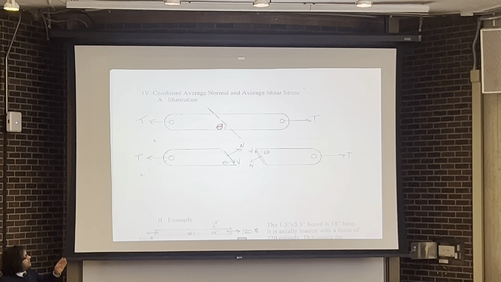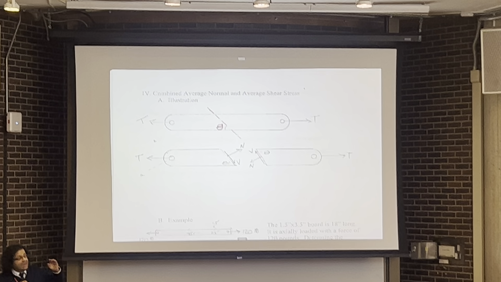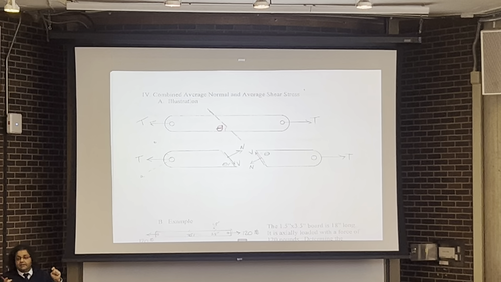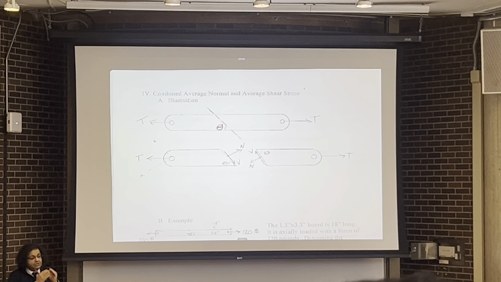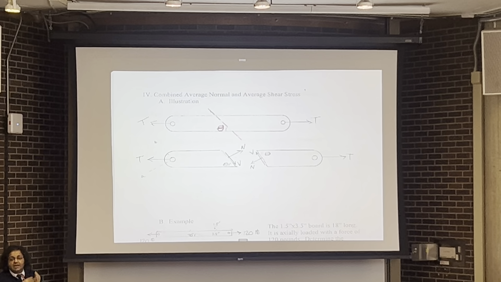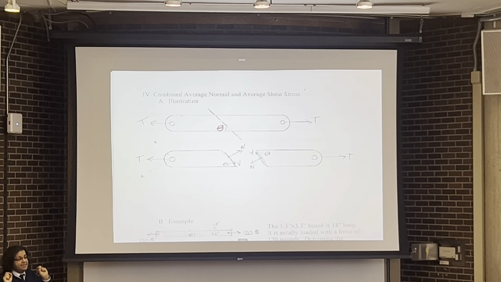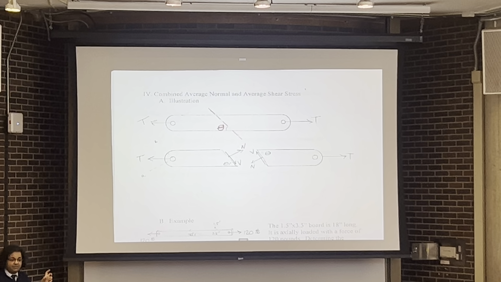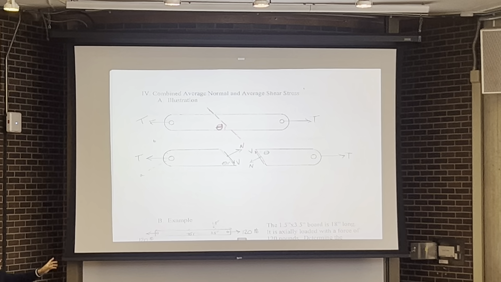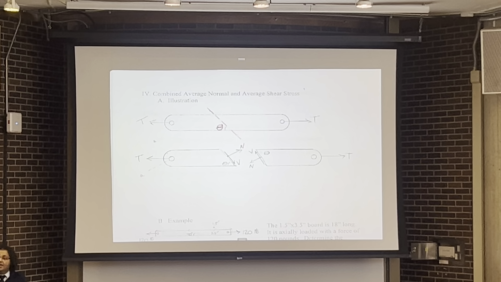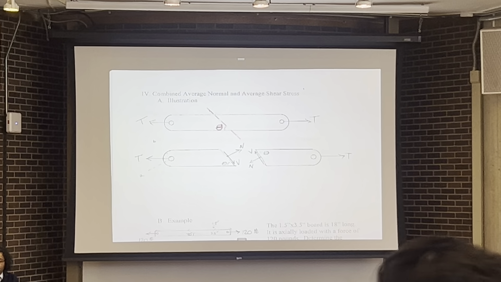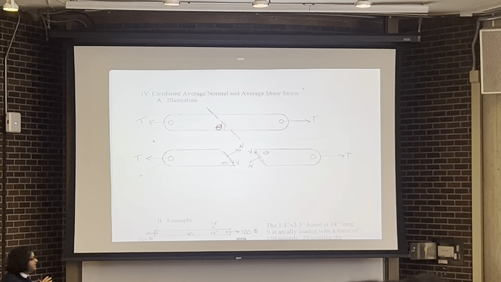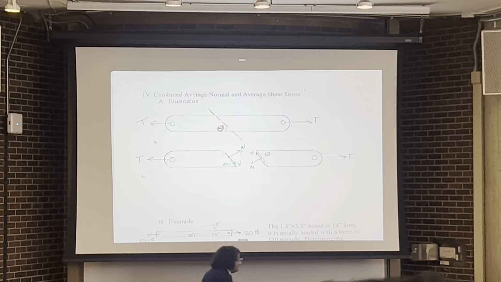So we can divide the normal component of the force by that area and calculate normal stress, and divide the shear force by that area and calculate the shear stress. The only thing we need to pay attention to is that the area is not going to be exactly the area of the cross section of the member, because this is a larger, inclined area. So we need to consider that fact as well.